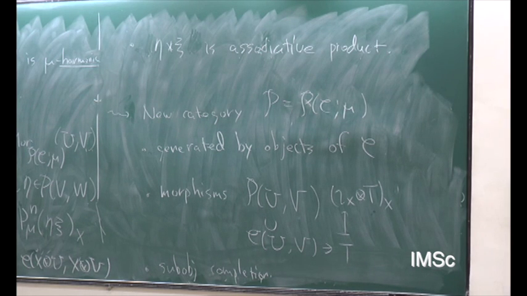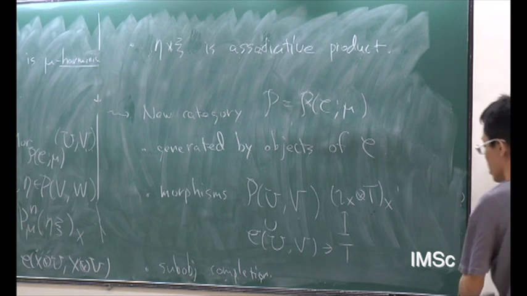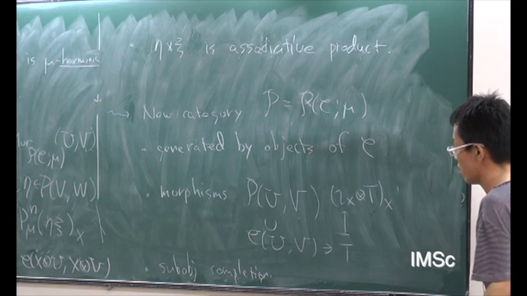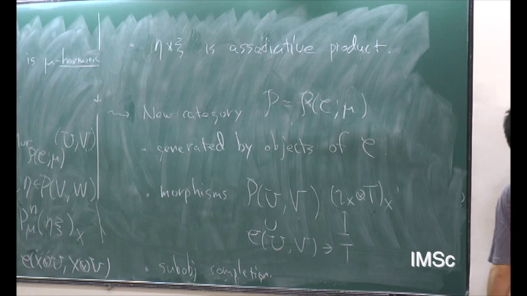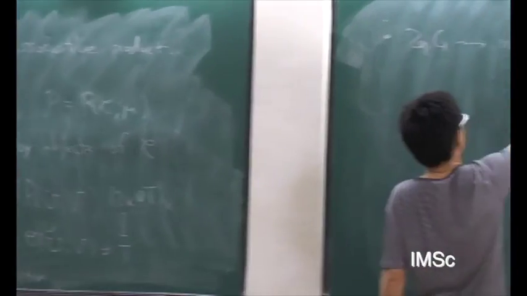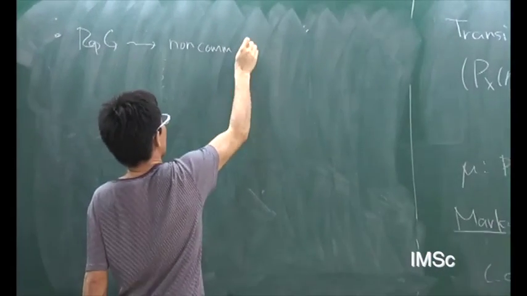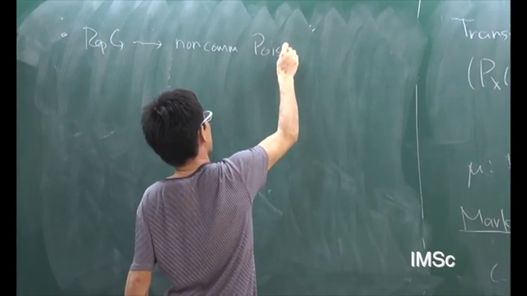Yeah. So, just to give you the idea, let me say what this corresponds to. For the Kontsevich... for the quantum group, this actually corresponds to the non-commutative Poisson boundary in a bit indirect way.